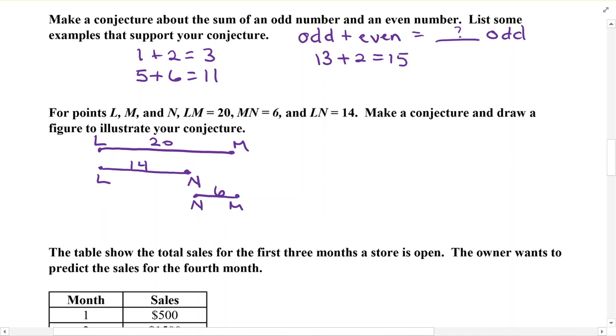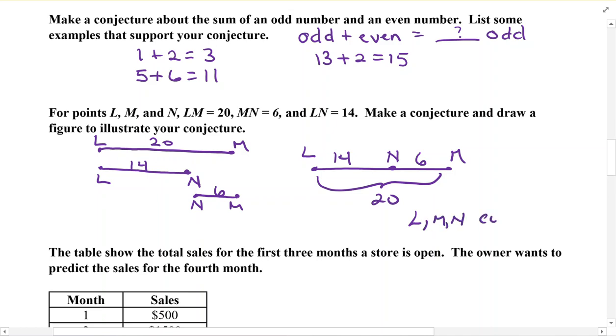Well, the only way that this could work out is if L and M and N were all on the same line, because if the full length is 20 and LN is 14 and MN is 6, there is no other way that it can be, so we can conclude that L, M, and N are collinear.